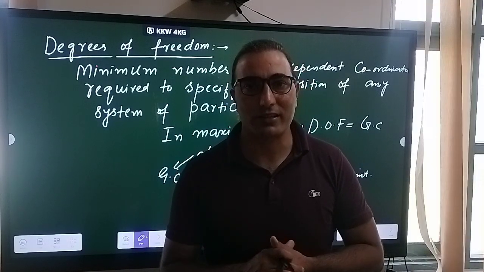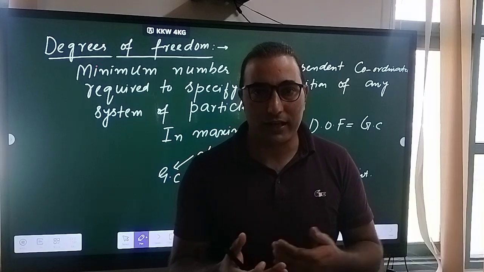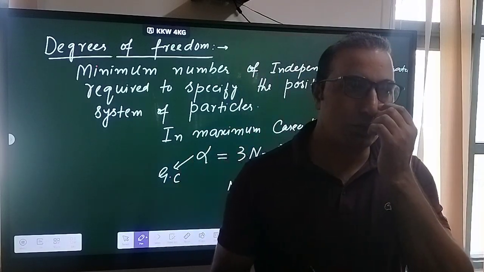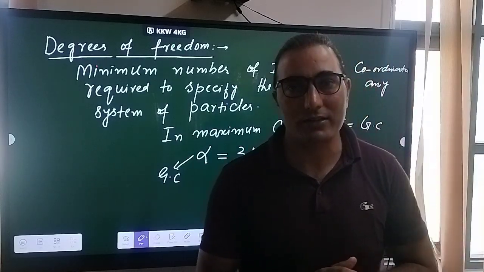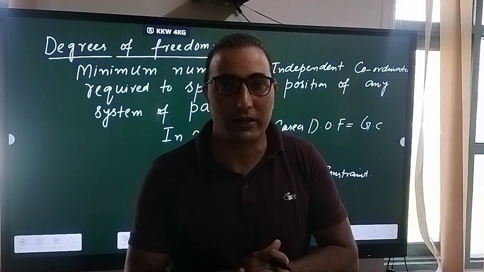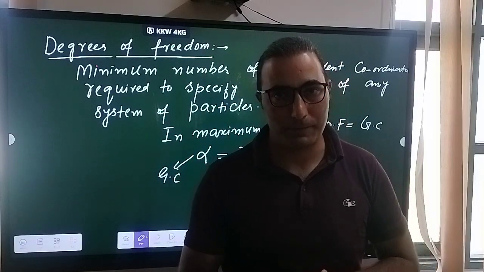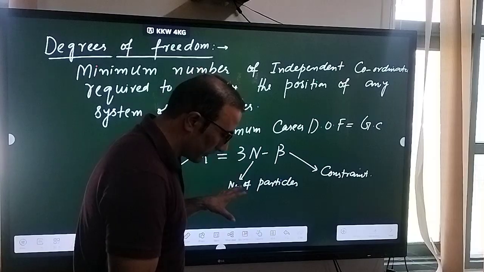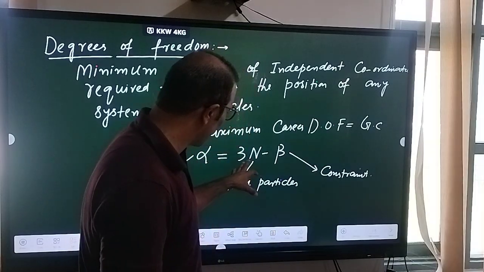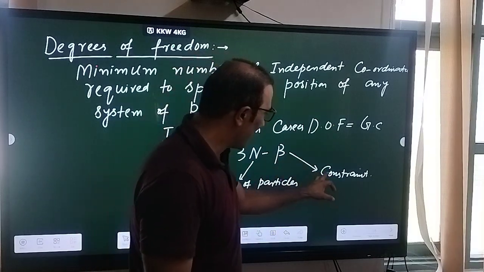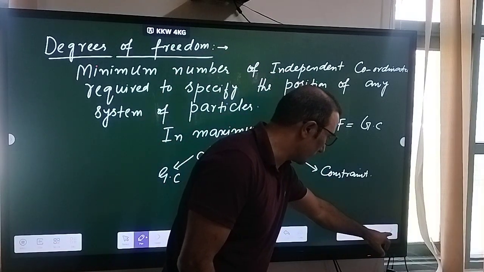So we can have different kinds of constraints, and we will take some examples so that we can see the effect of that constraint and see what should be the degree of freedom in those systems of particles or a single particle. Okay. So यहाँ पे मैं लिख सकता हूँ that the generalized coordinate is equal to 3n minus beta. This n represents the number of particles and beta is the constraint involved.